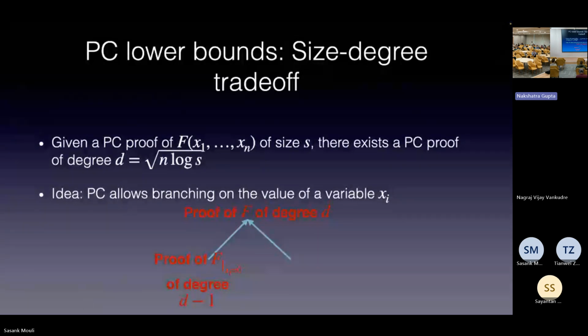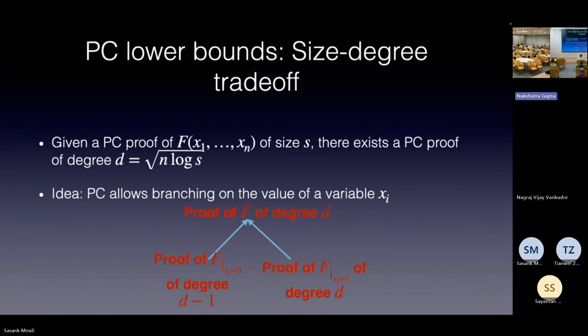So you are branching on x: let me set x equal to 0 and solve that case, and then set x equal to 1 and come up with a proof for that case. If in one of the branches you are able to lower the degree, say by setting x equal to 0 you come up with a degree d minus 1 proof, maybe in the other branch you still come up with a degree d proof.